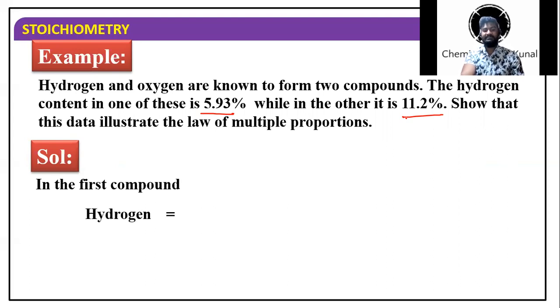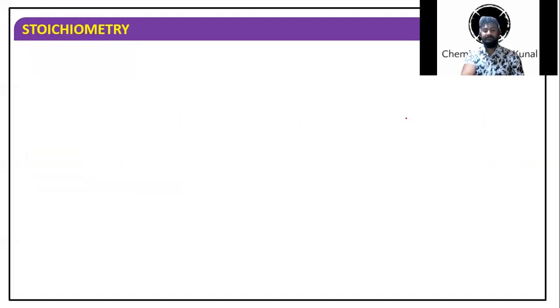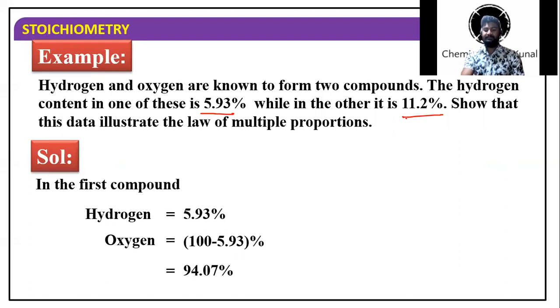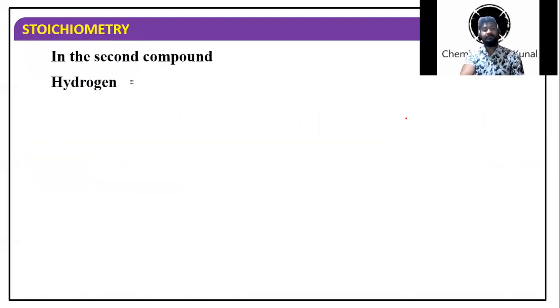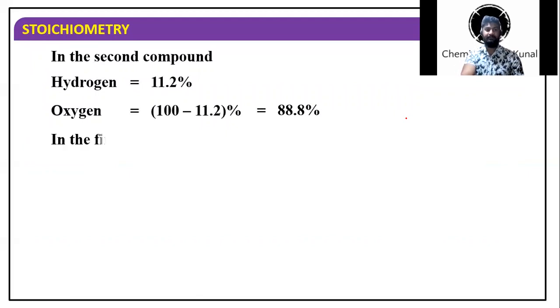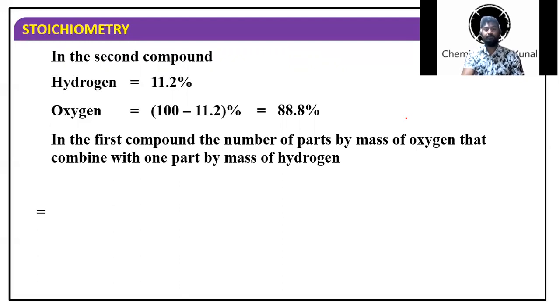Let's have a look. Hydrogen is 5.93%. So what amount will be oxygen? Of course, it will be 94.07, right? Then in the next sample, what is the amount of hydrogen? 11.2. What will be the amount of oxygen in it? 100 minus this, right? Now, in the first compound, what amount of oxygen was combining with the hydrogen? If you compare that, the ratio would be 15.86.